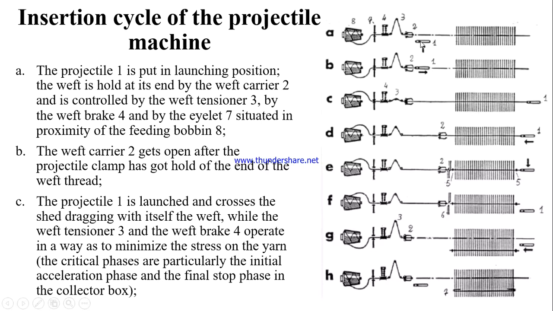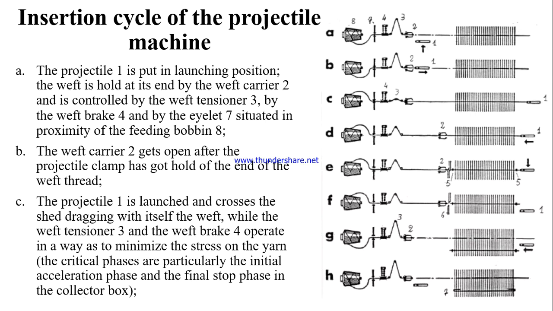Now when the projectile is put in launching position, the weft is held at its end by the weft carrier. Here this is the weft carrier. The weft carrier will hold the weft at its end, at its gripper position, and it is controlled by the weft tensioner 3. The weft tensioner 3 will control the tension of the weft.